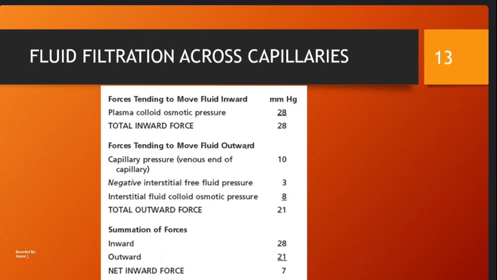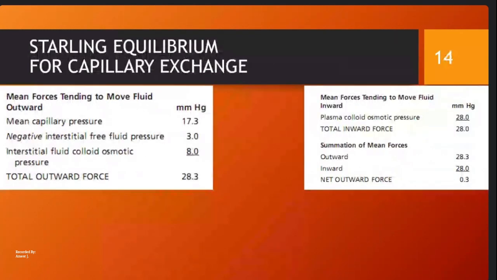Therefore, if we subtract these inward and outward values in this figure, you can see that at the venous end there is a net movement of water from the interstitial tissue into the vessels. Let's see the average of these forces, not at the arterial end or venous end, but in total capillaries.